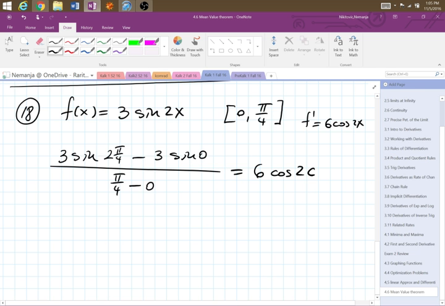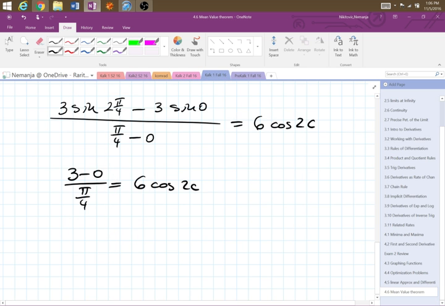Right, we're looking for that c value that is between 0 and pi over 4. So sine of pi over 2 is 1. So I have 3 minus 0 over pi over 4 equals 6 cosine 2c. And that's 12 over pi equal to 6 cosine 2c.